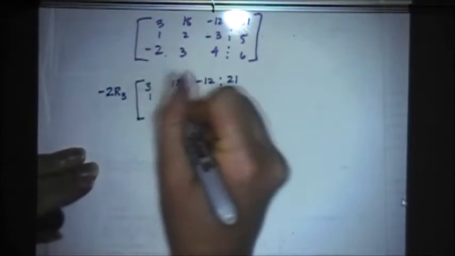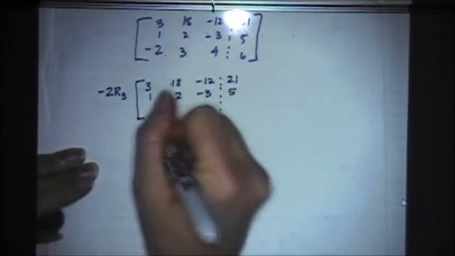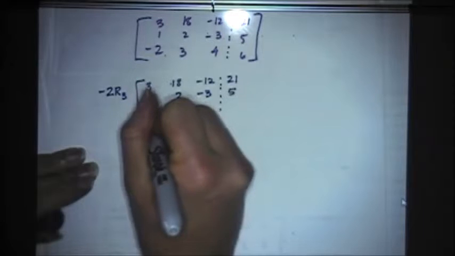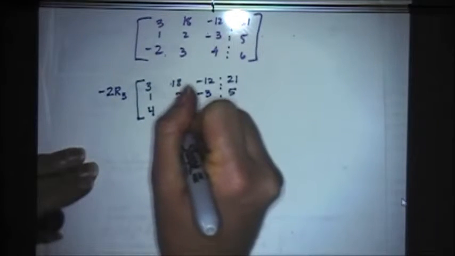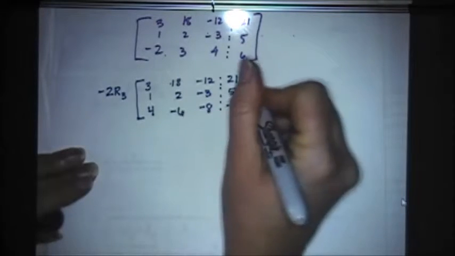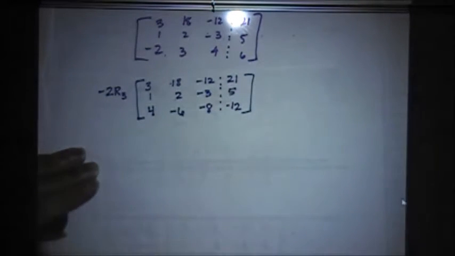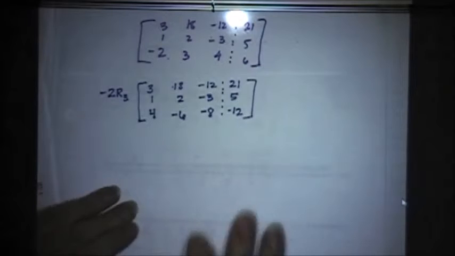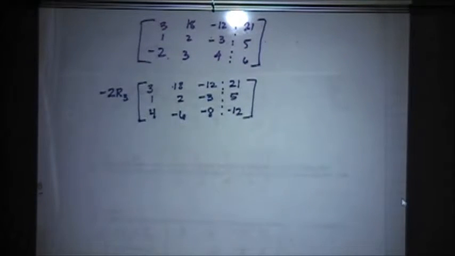They're staying exactly like they were. But row 3, I'm going to change. So it's going to become +4, -6, -8, and -12. Because I just multiplied row 3 by -2 and I replaced row 3. So that was the second row operation that we talked about.